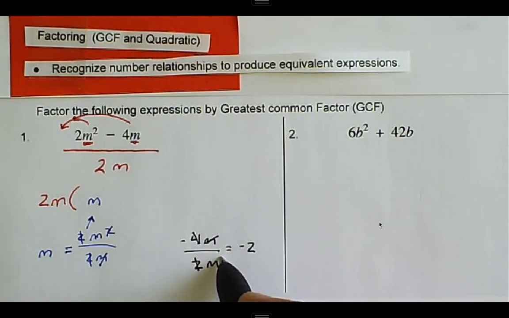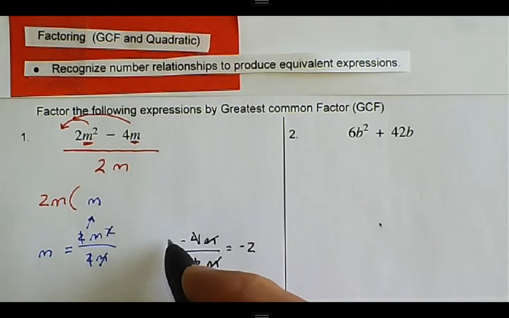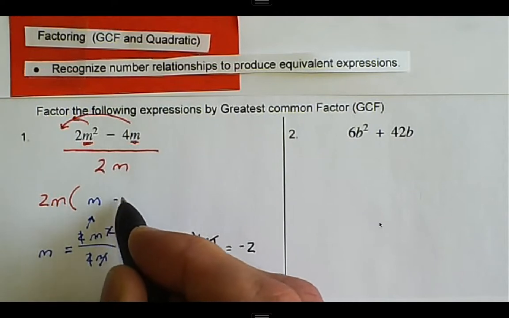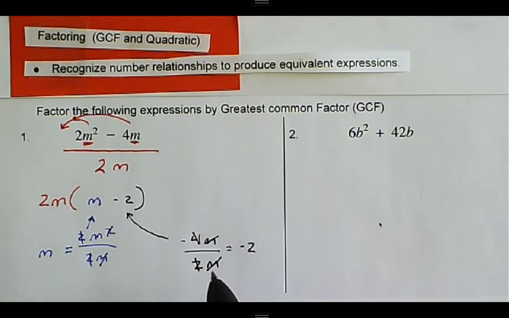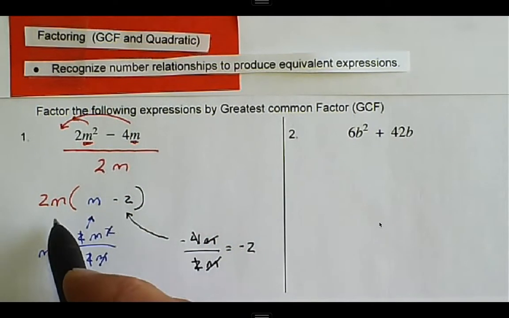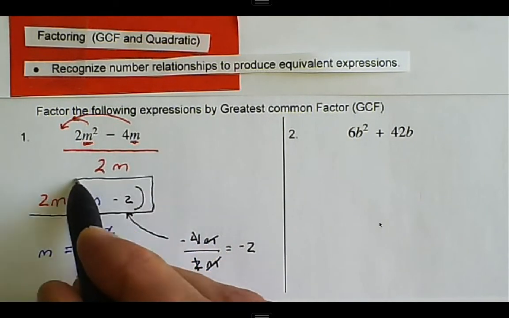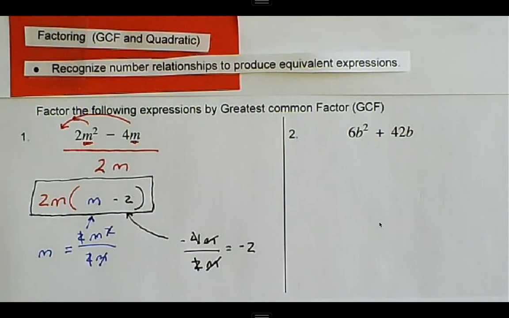And then the m cancels the m, and we're left with 1, which we don't have to write down. So then this part over here gives us -2. So then the factored form, if we use the GCF, we took the 2m out, and then we're left with m minus 2 as the binomial inside, and that's what we're left with.